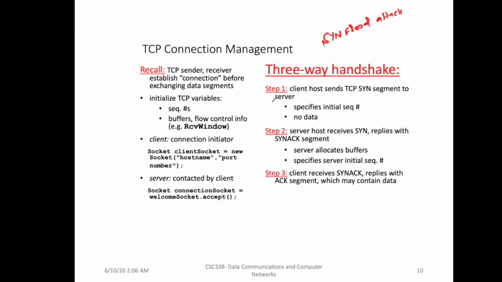There are 3 steps involved in the connection establishment of TCP. The first step is that the client host will send a special segment known as a SYN segment to the server by setting the SYN flag.